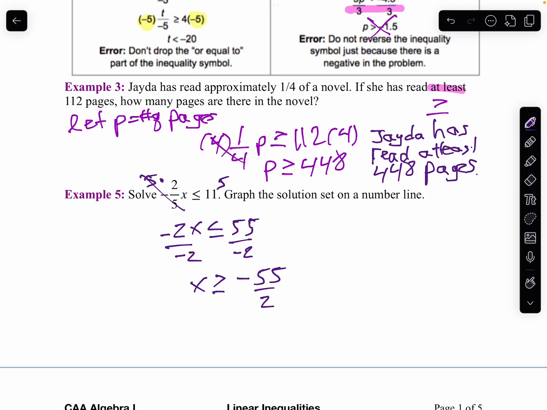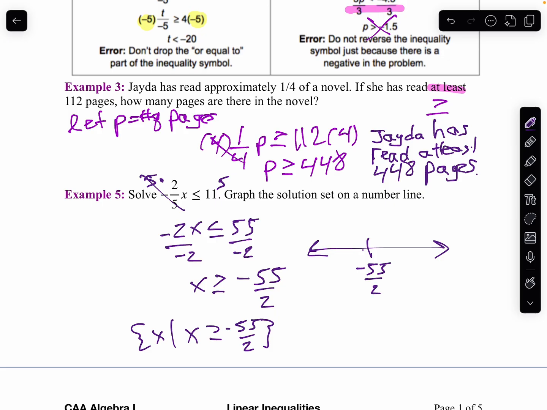Since I'm graphing it on the number line, first I'll write in set notation, the set of x such that x is greater than or equal to negative 55 over 2.